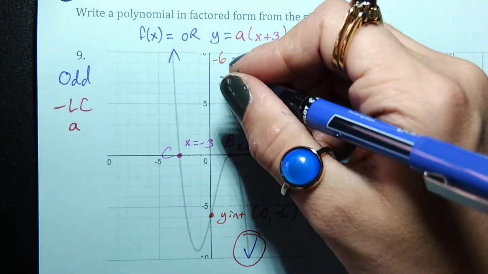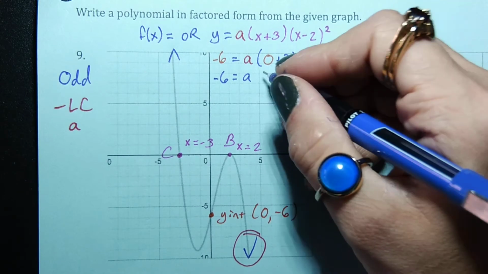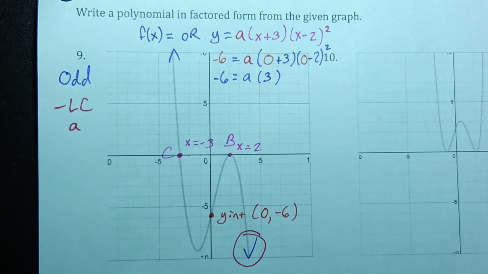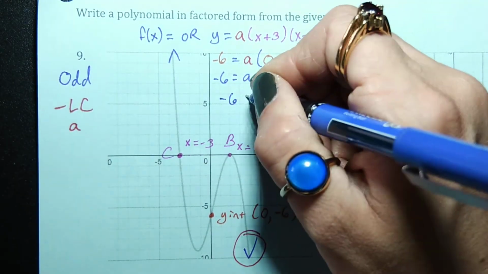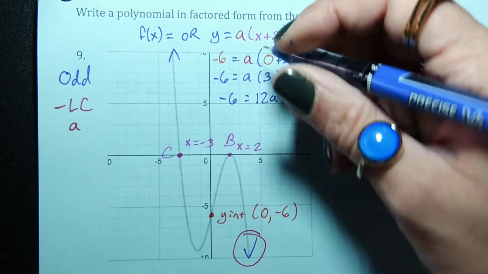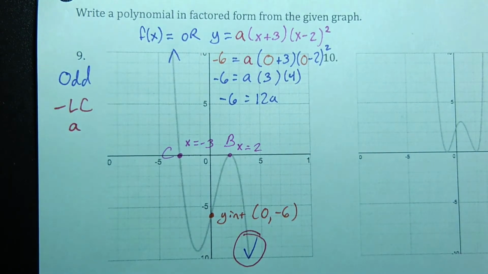And then we're going to need to make sure that we're following our PEMDAS rules. So 0 plus 3 is 3. 0 minus 2 is negative 2. Squared would be 4. So I get negative 6 equals 3 times 4 times A. That's 12A.